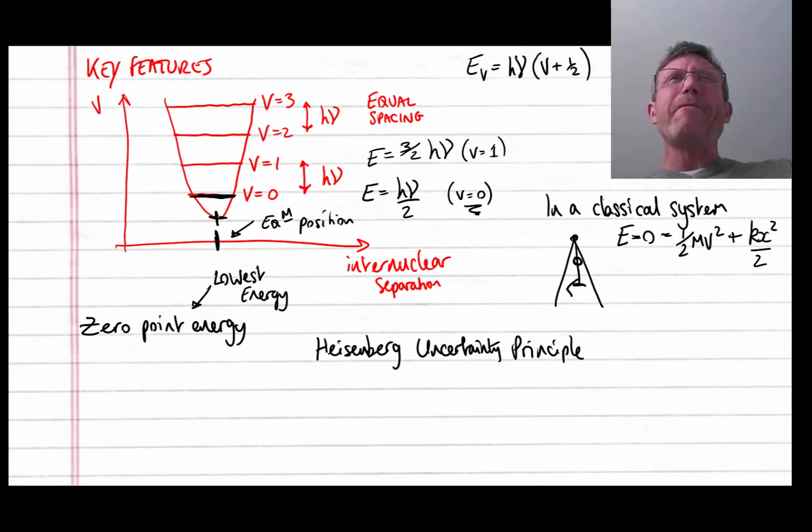If we could know both the momentum, which would be 0, and the position, the equilibrium position, accurately at the same time, that would violate the Heisenberg uncertainty principle. So we're in a good position here. We're not violating the Heisenberg uncertainty principle.